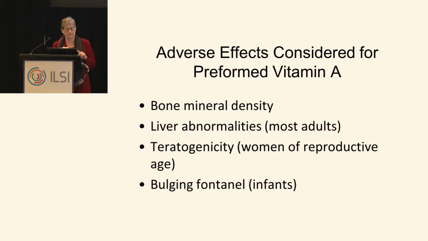They chose liver abnormalities for most adults, but teratogenicity in women of reproductive age and a bulging fontanelle in infants as indicators, endpoints of adverse effects. These were the adverse effects.